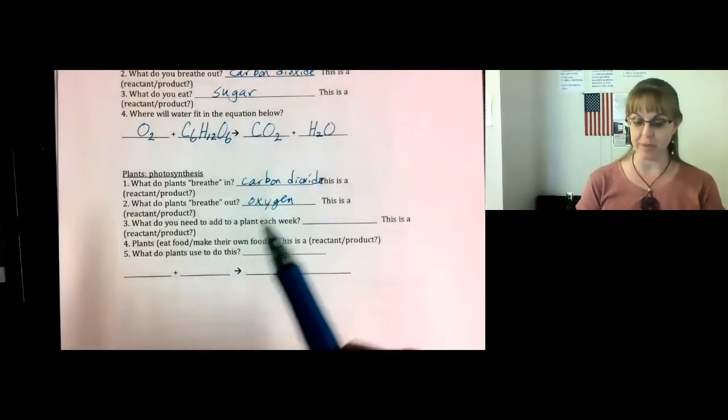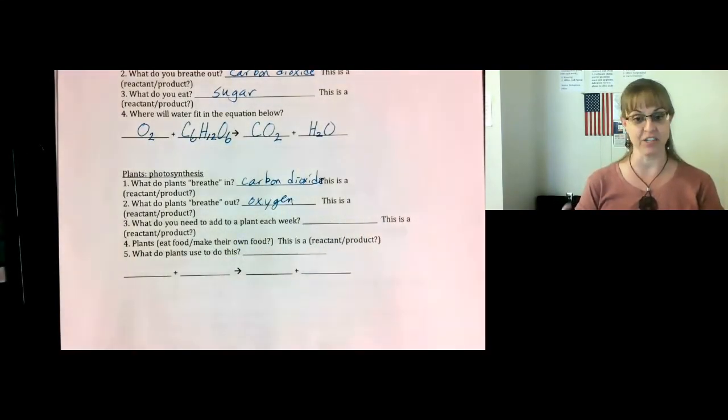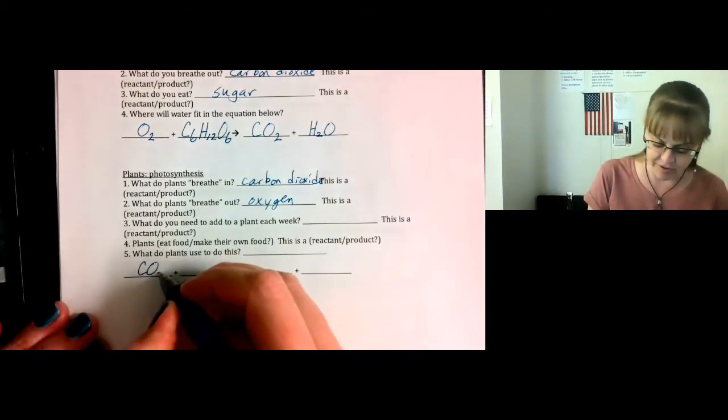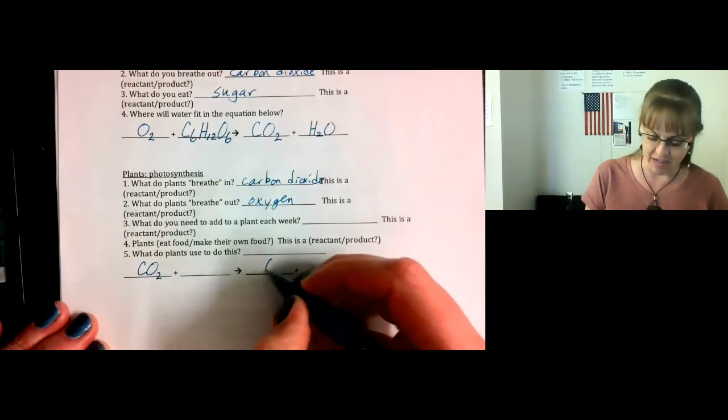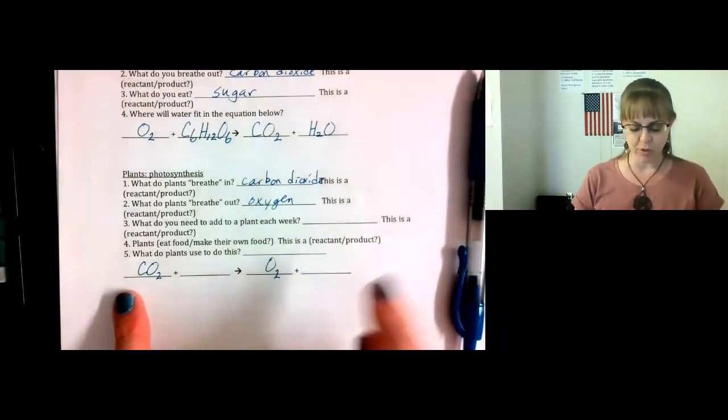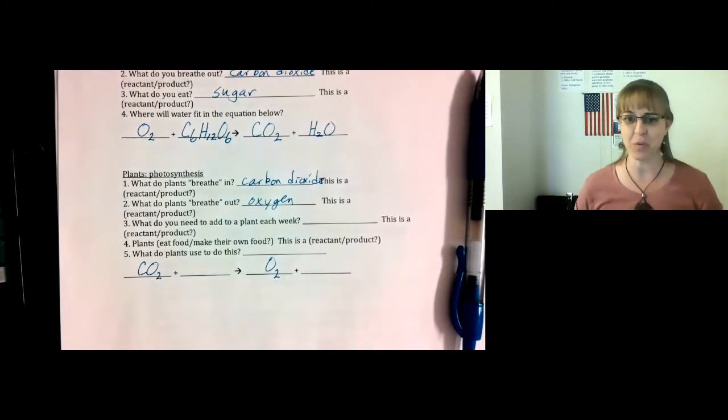I should have said they take in carbon dioxide and they give off oxygen. That makes carbon dioxide a reactant and oxygen a product. Therefore, carbon dioxide is one of your reactants and oxygen is one of your products. Go figure. To a plant, oxygen is a waste product.